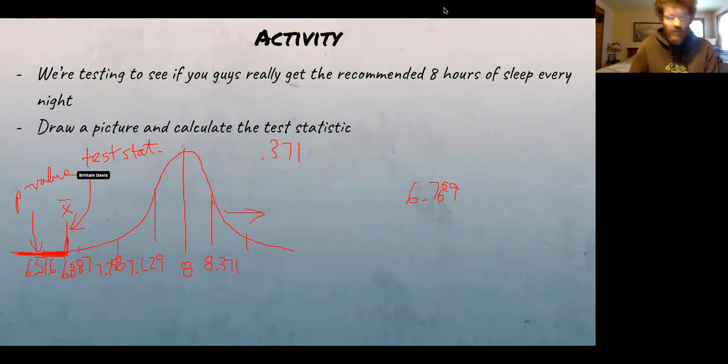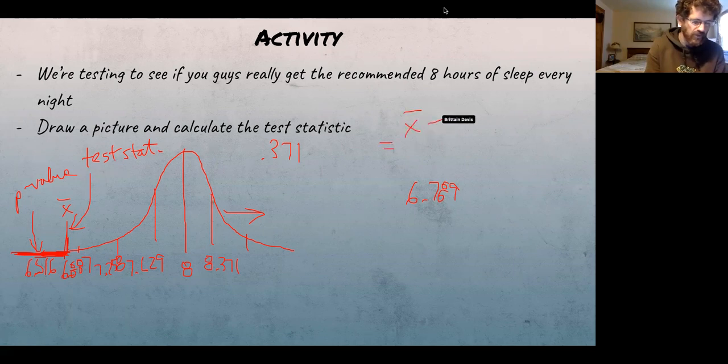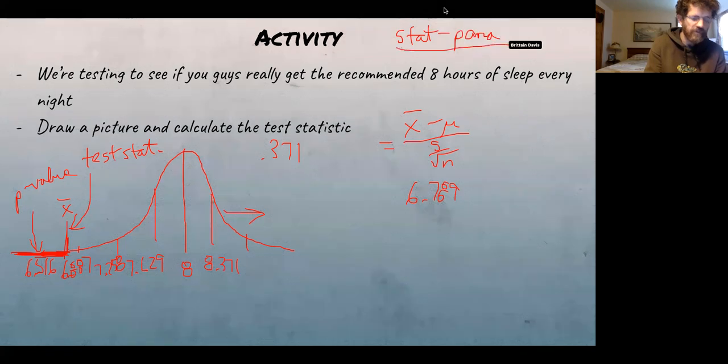Okay, so let's actually do the calculations at this point. So for the test statistic, we are going to be doing X bar minus mu divided by our standard error, which is the sample standard deviation divided by the square root of n. And maybe I should write out, I'm doing this a little bit in reverse. I should have done this first. This is straight from the formula sheet where it's stat minus parameter divided by the standard error.